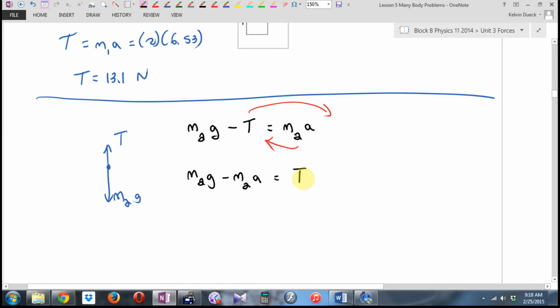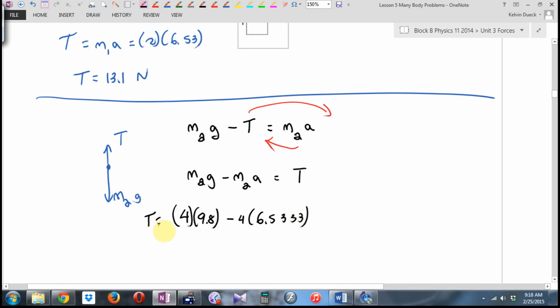I think mass 2 was 4 kilograms, right? If I go 4, hey Cam, what's G? Yeah, thank you. You were a little slow last time. That should be right up here. Minus 4 times 6.533, I'll add a few extra 3s.